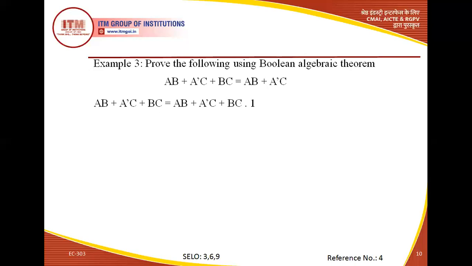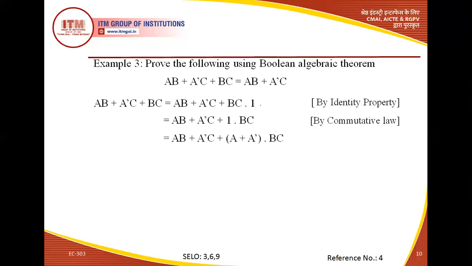First we use the identity property and multiply 1 with the term BC. Okay, so it can be written as AB + A'C + BC dot 1. Now we can use the commutative property to change the position of the variables. So it can be written as 1 dot BC.